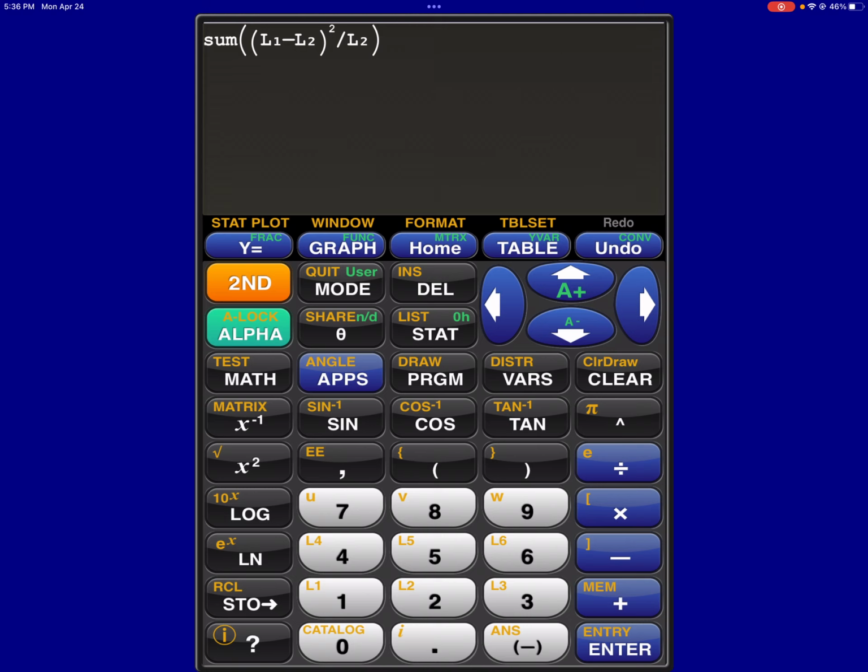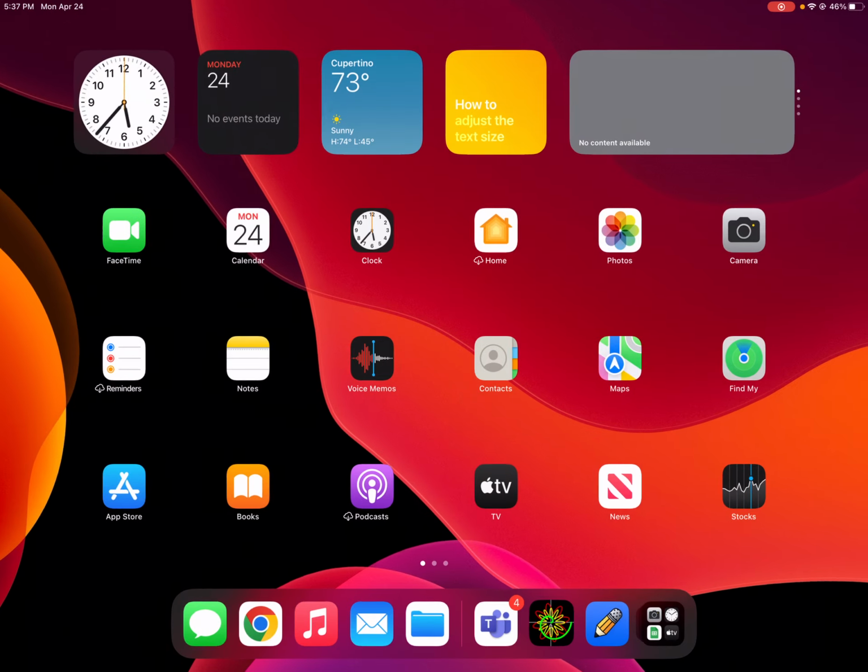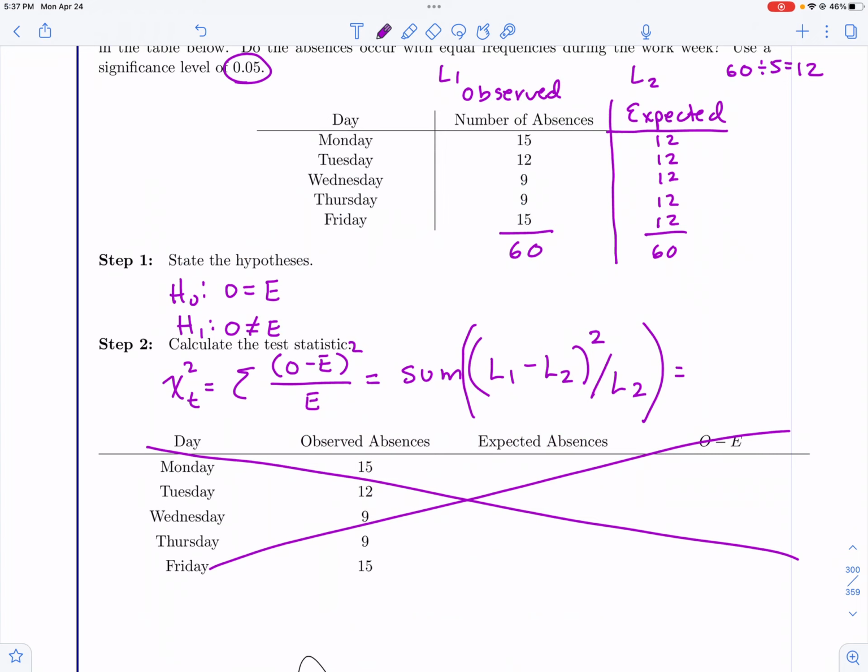So that's what it should look like in our calculator, and when we hit enter, it should give us our chi-squared test statistic for this guy. So let's hit enter, and it looks like we ended up with a chi-squared t-value of 3 in this case. So let's flip back to the screen here. Our chi-squared sub t looks like it's just plain old 3 for this one.